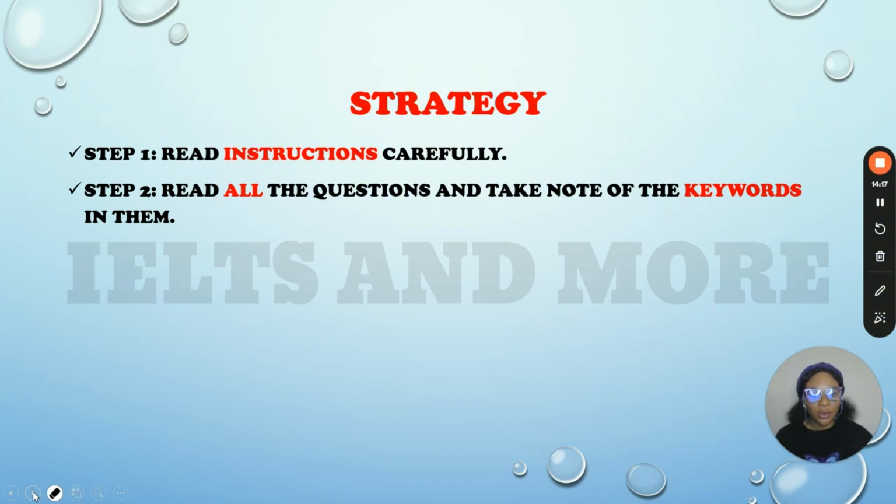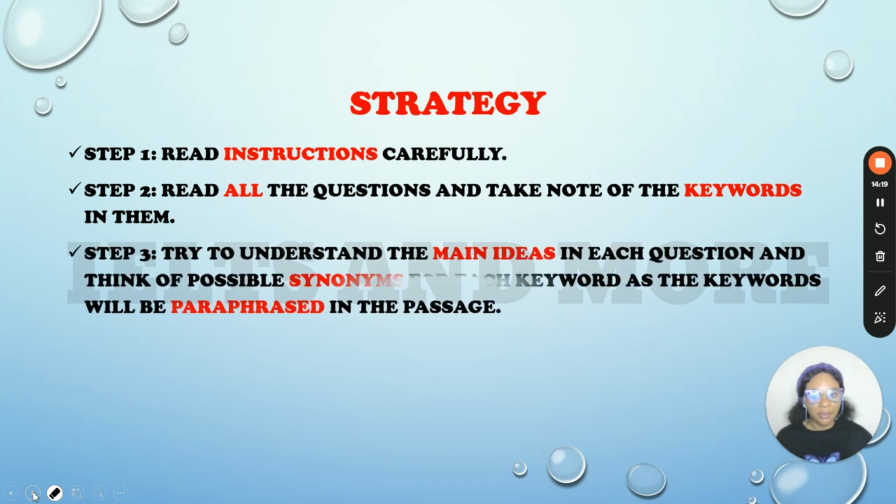And then after you've read the questions and underlined the keywords in them, make sure that you try to understand the main ideas in each question and think of possible synonyms for each keyword, as the keywords will be paraphrased in the passage. So first of all, as you're reading and underlining keywords, make sure you're understanding the question.